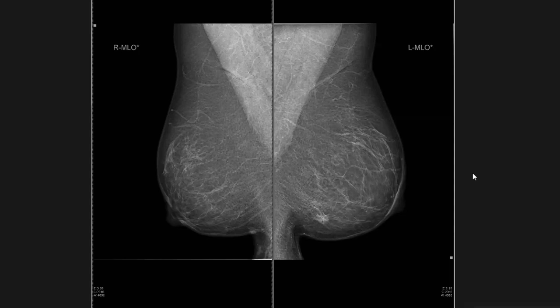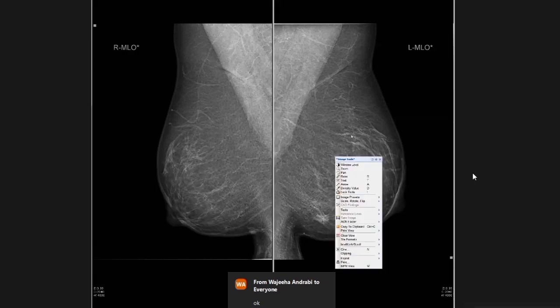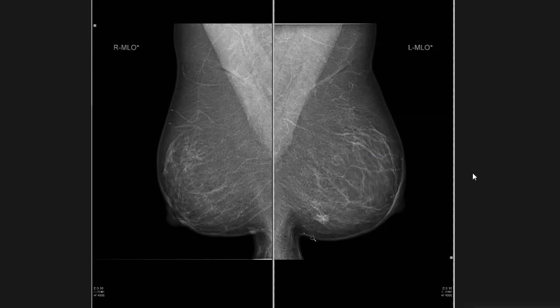Secondly, in the left breast, in the MLO view, I can see that there is a well-defined, however poorly circumscribed, dense lesion in the lower quadrant of the left breast. I can see that there are spiculations, and probably a tiny focus of calcification. However, I will try to confirm it on a magnification view. Apart from this, I cannot see any other lesion in the right or the left breast.